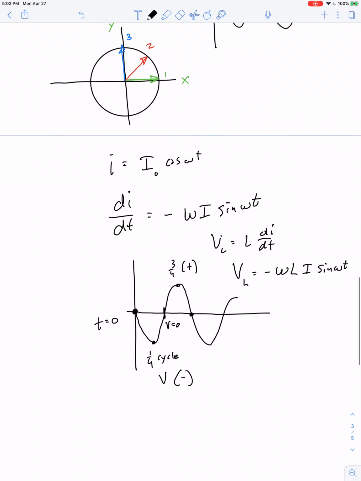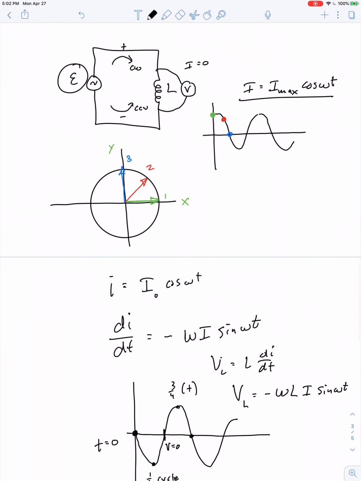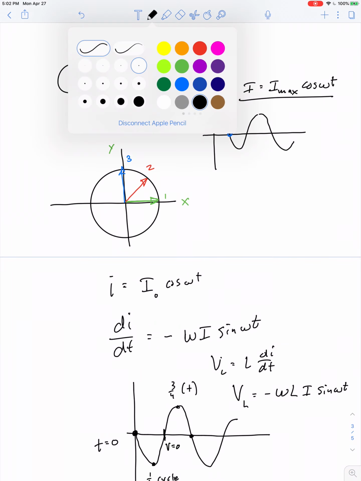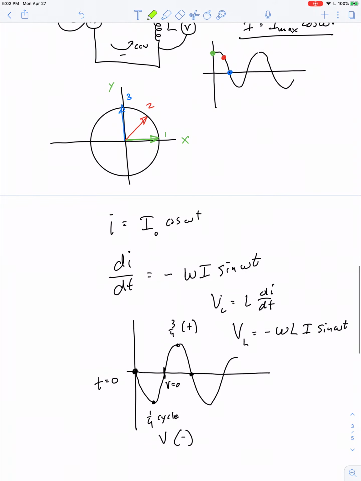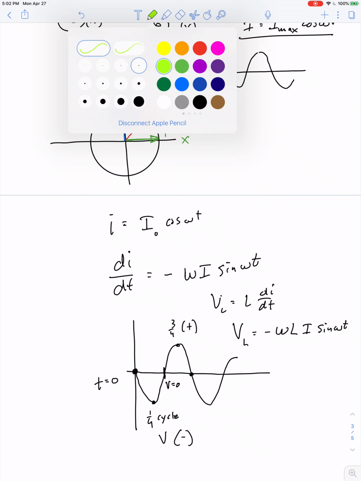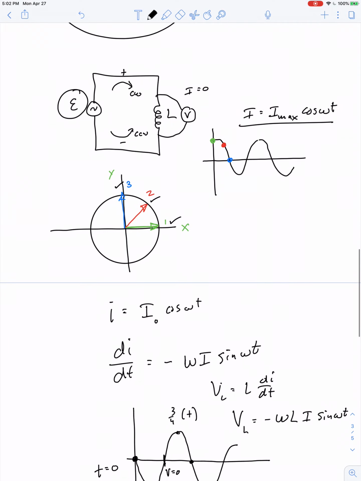So let's see, where should I draw in the initial voltage phasor? So again, if this represents the current phasor at time 1, and then this red phasor is the current phasor at time 2, and the blue one is the current phasor at time 3, what's the phasor that represents the measured voltage across the inductor?